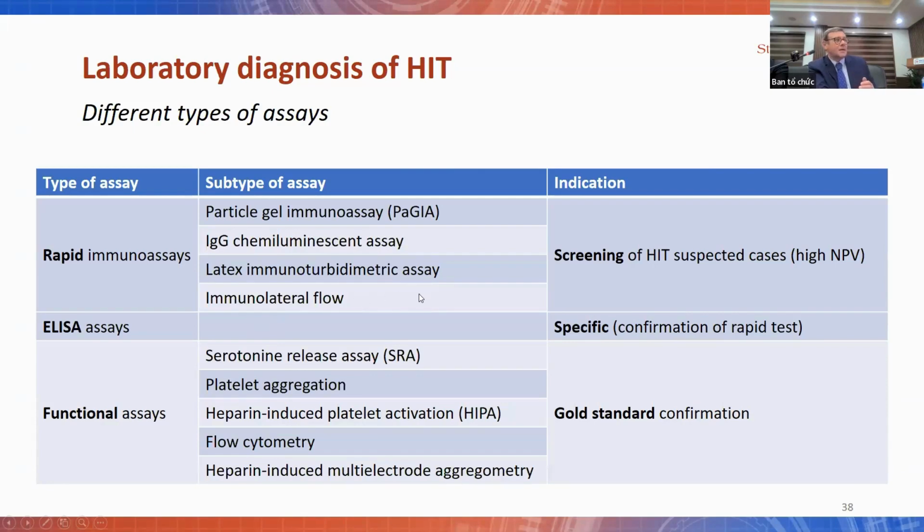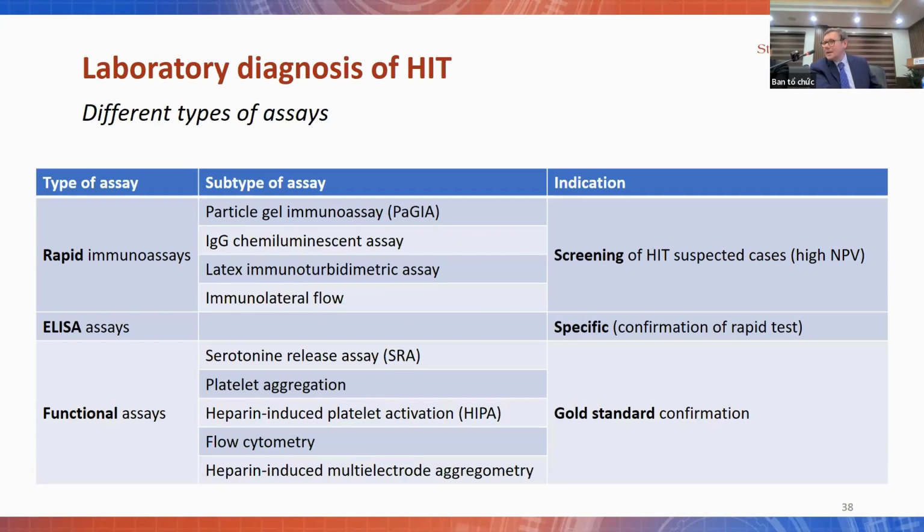Those assays are designed for rapid screening of HIT because they have a very high negative predictive value, meaning that if the test is negative, it is very unlikely that your patient has HIT, and logically you can restart heparin and there is no need to go for further testing.